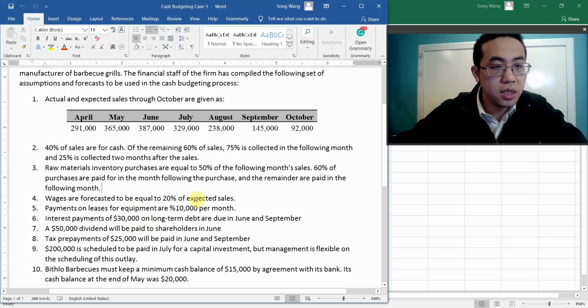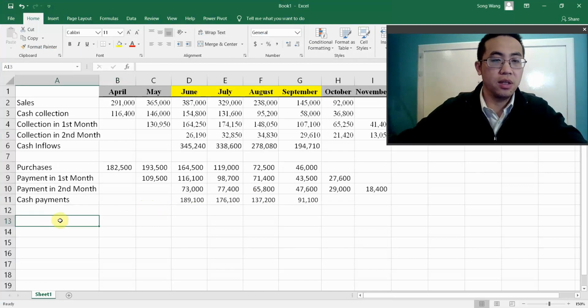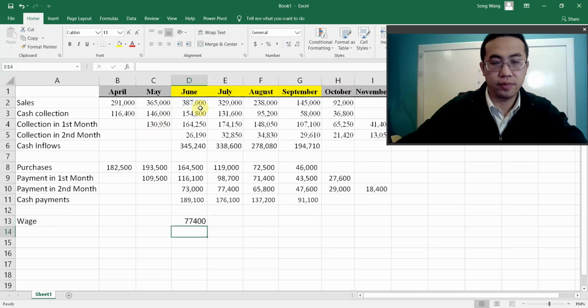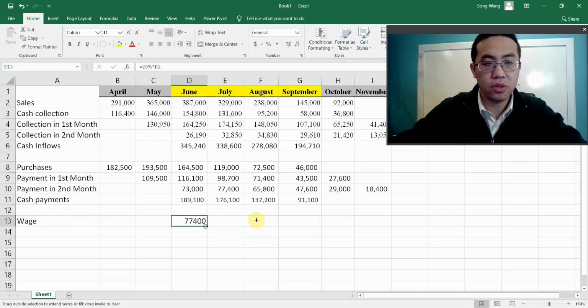All right, now let's talk about wages. Wages are forecasted to be equal to 20% of the expected sales. Now let's put in the wage. This is the easy one. It is 20% times the expected sales. Just drag it.